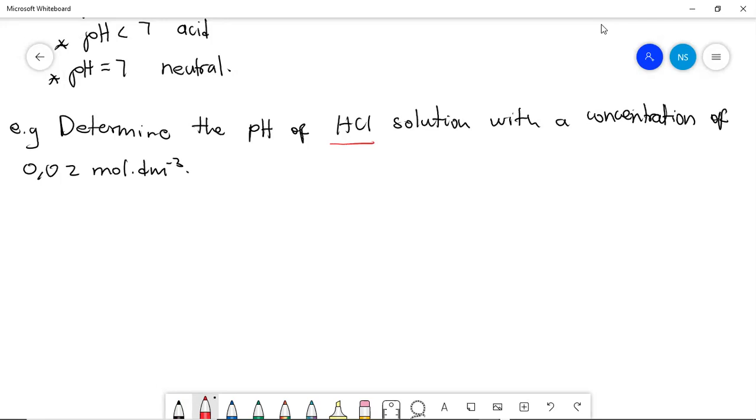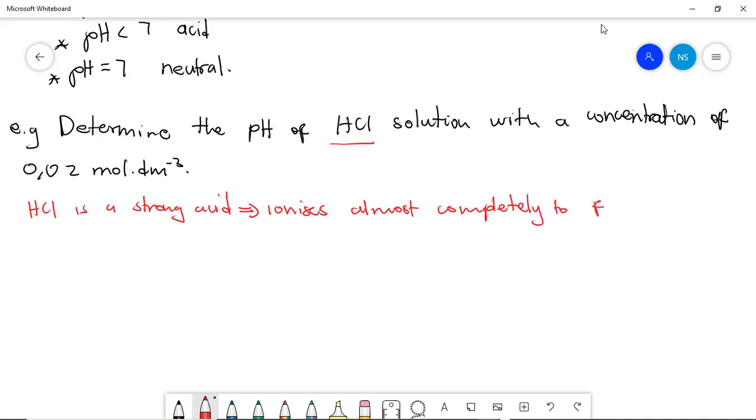And if it's a strong acid, it means that it ionizes almost completely to form a high concentration of hydronium ions, H3O plus.